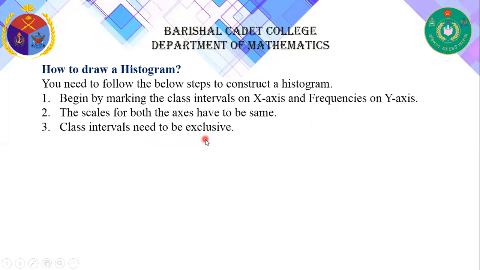That means 10 to 20 and also 20 to 30, not 10 to 20, 21 to 30. Exclusive means the border line is the same, 10 to 20, and the next class is 20 to 30.